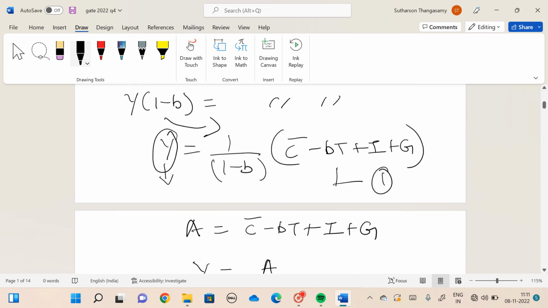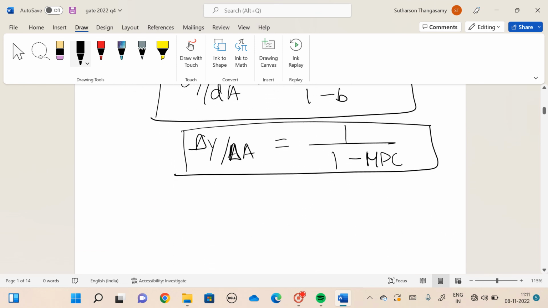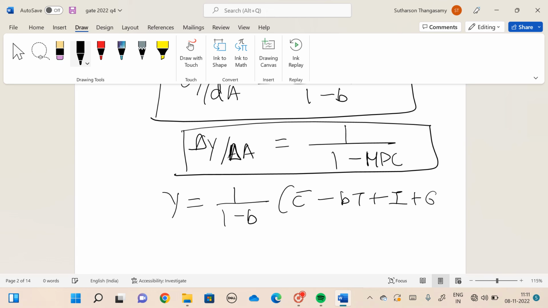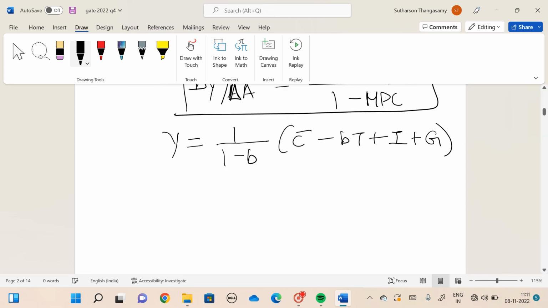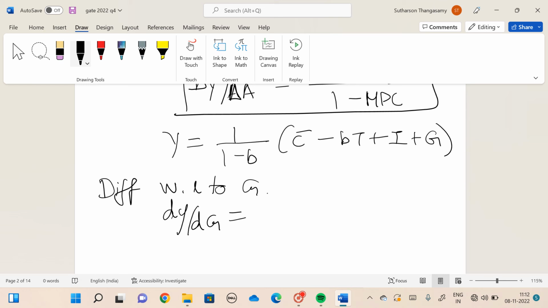So I'm going to rewrite equation number 1 here. Y is equal to 1 by (1 minus b) of (C bar minus bT plus I plus G). Now for a change, we have to differentiate with respect to G. Then dY by dG: you know that C bar, bT and I are completely determined outside the model and do not depend on government expenditure, so they are constants. So all will be 0. Now if we differentiate, we will get 1 by (1 minus b) of dG by dG.